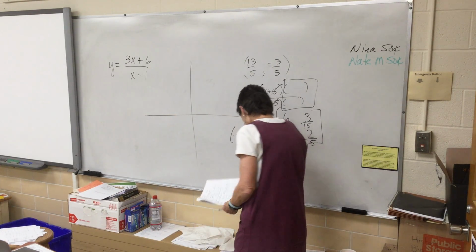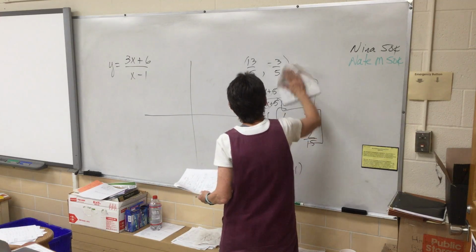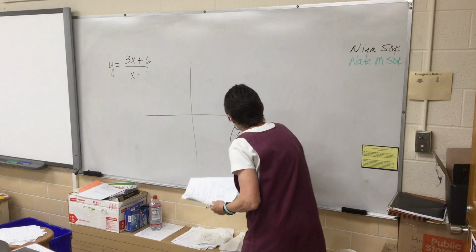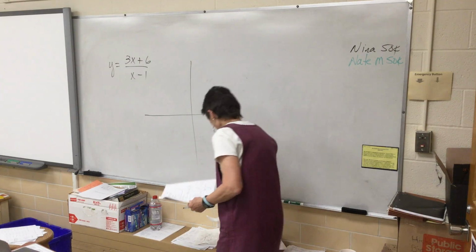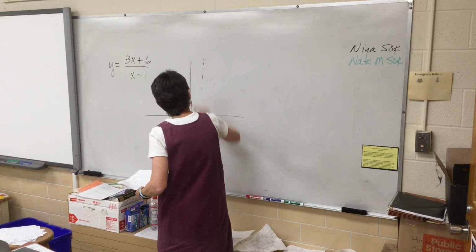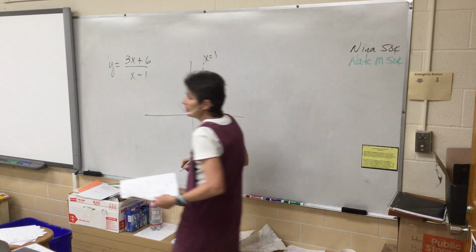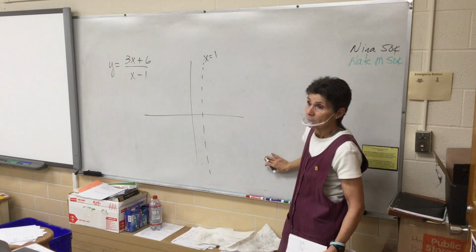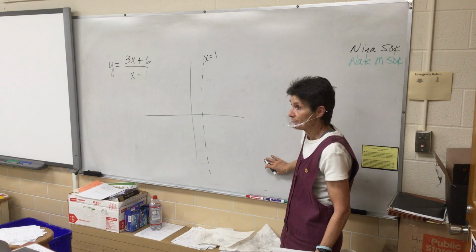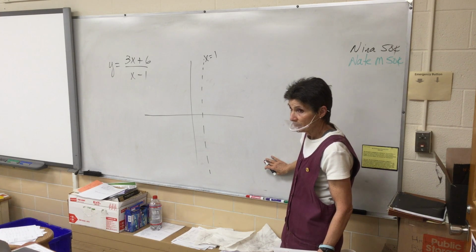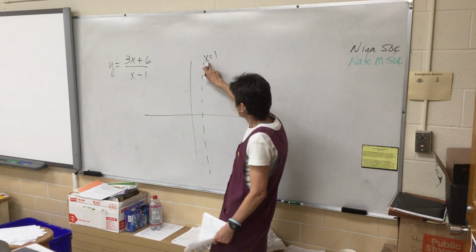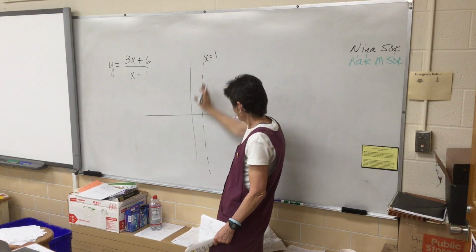But we do have some asymptotes. Where are the asymptotes? They're vertical at 1 because vertical asymptotes happen when the denominator is 0. They happen when you cannot be. So x cannot be 1. Now, make sure that it's x equals 1.